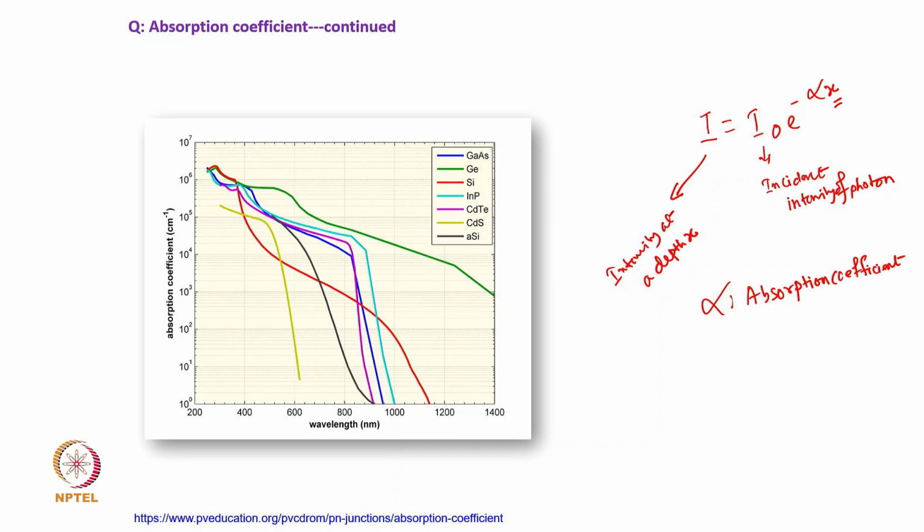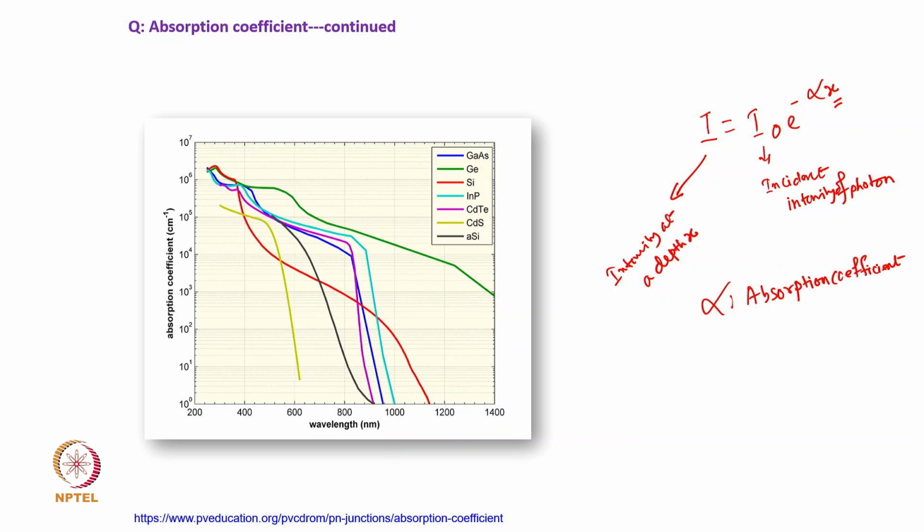It is a very standard relation for how the intensity of light decreases inside the material with depth, and that is defined by a quantity called the absorption coefficient.